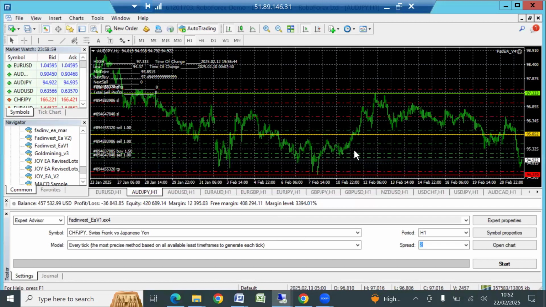Okay, looking here, where is the 10th? You can see this was the 10th range.